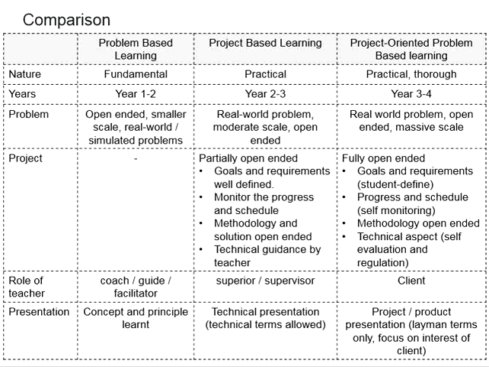Now, in terms of the learning process, it may be interpreted as fully open-ended conditions. The problem should be a real-world problem, open-ended, and normally the scale of the problem is relatively large. It allows flexibility in terms of the project as well as solutions to the problem.